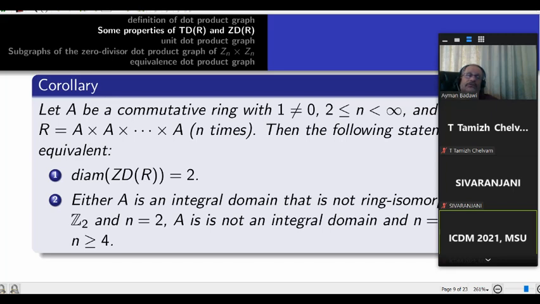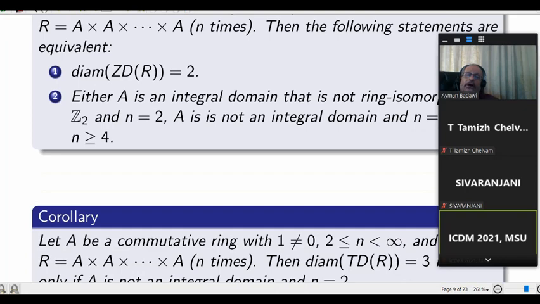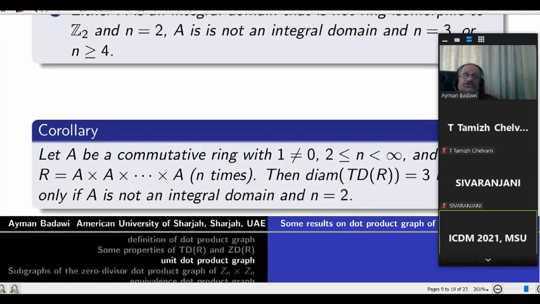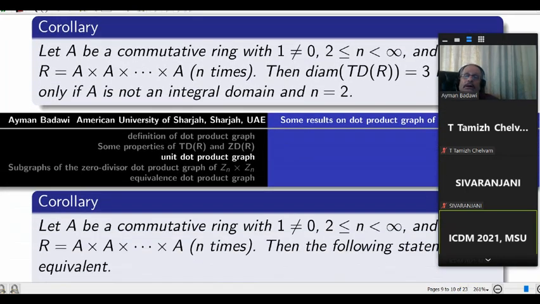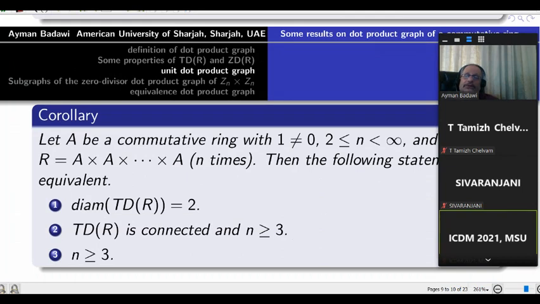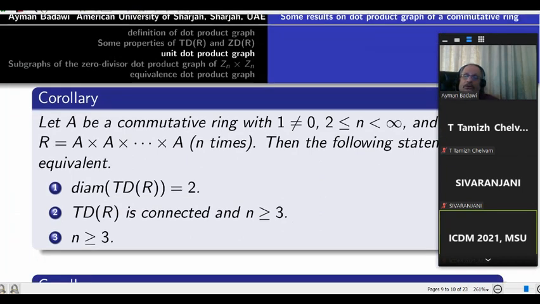Either A is an integral domain that is not isomorphic to Z2 and n equals 2, or A is not an integral domain and n is bigger or equal to 4. So these are other conditions for the dot product.